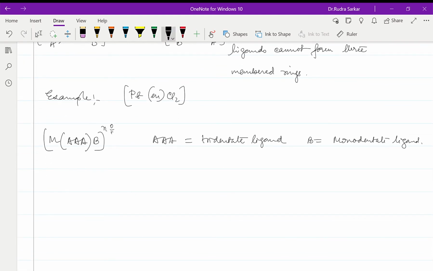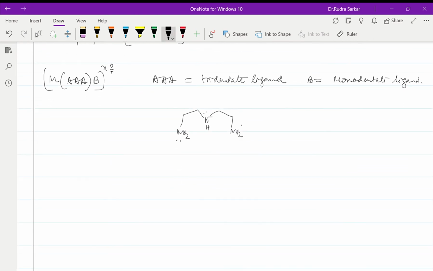An example of a tridentate ligand is something like this. What type of geometrical arrangement is possible for such a ligand? We will say M. One position is taken by a Cl.